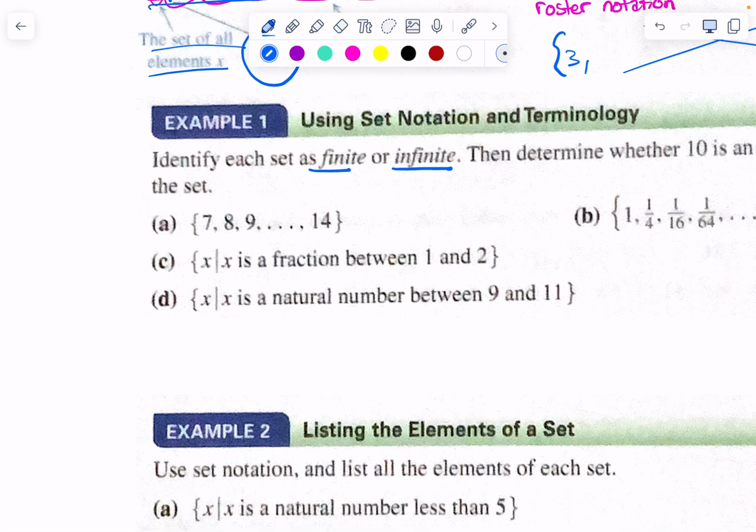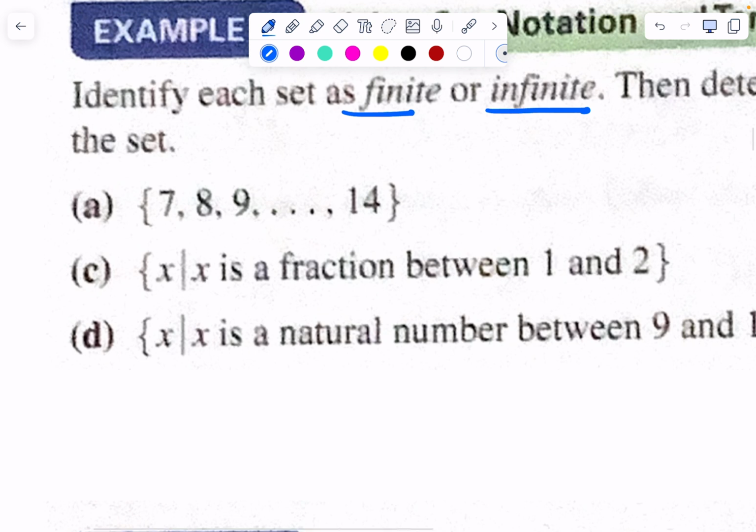So A, is that finite or infinite? Finite, even though it has the dot, dot, dot in the middle. Yeah, it has a beginning and it has an end, basically is what I look for. So this is finite. Is 10 an element? Yes, I'm going to say 10 is an element.